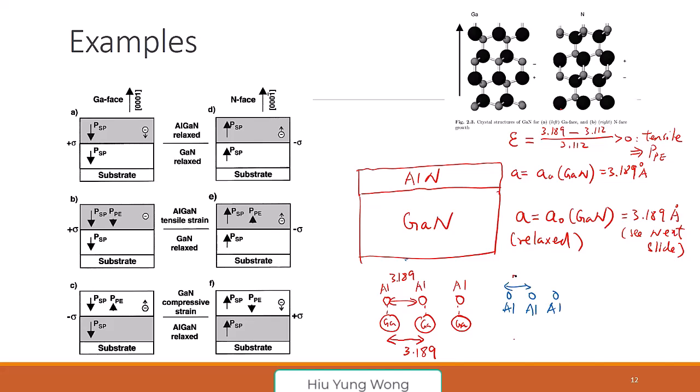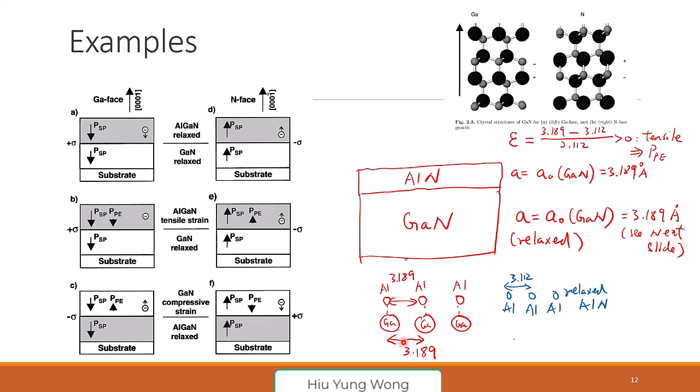I call this 3.112. This is the relaxed aluminum nitride. Do you get it? So originally, if I have aluminum nitride, their distance should be 3.112. But now I grow on top of gallium nitride. They got stretched, become 3.189. Is this part okay? Any question?